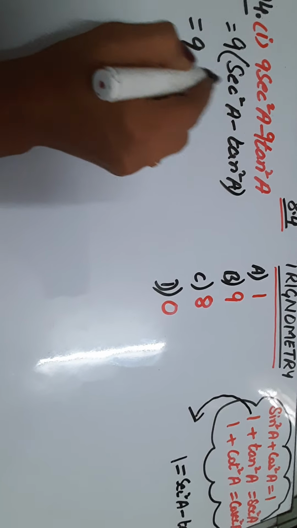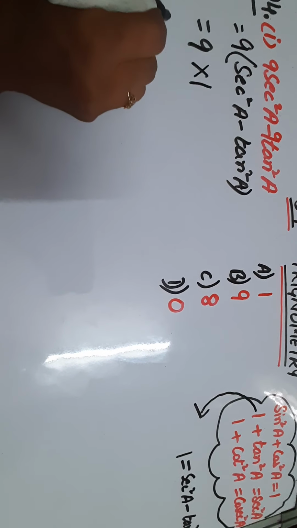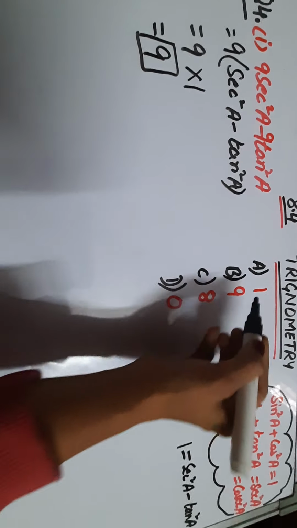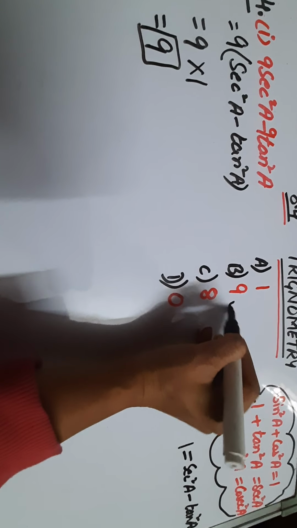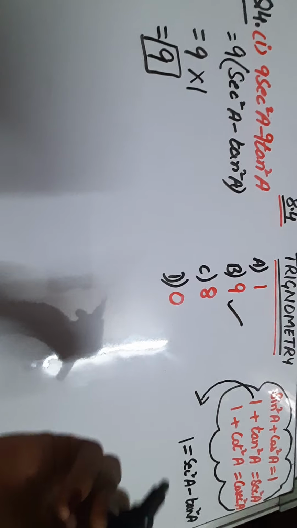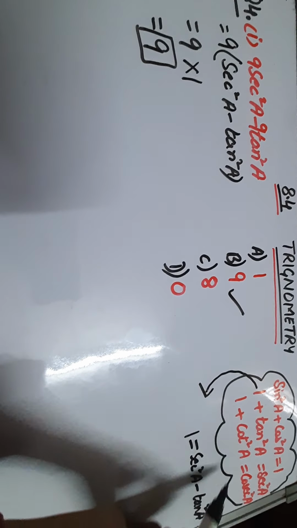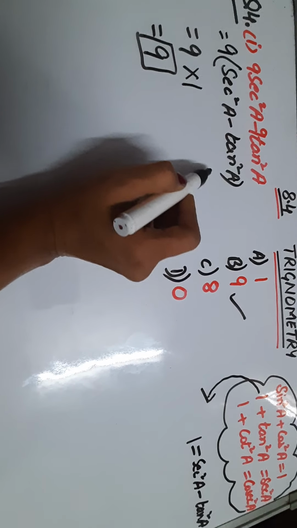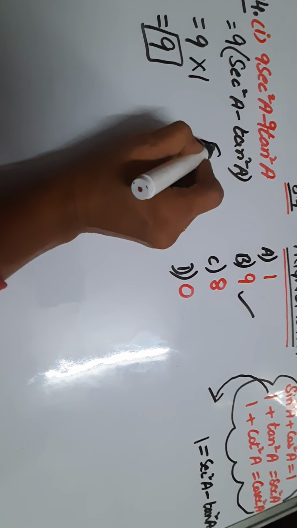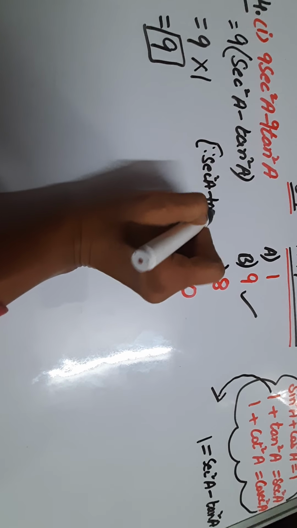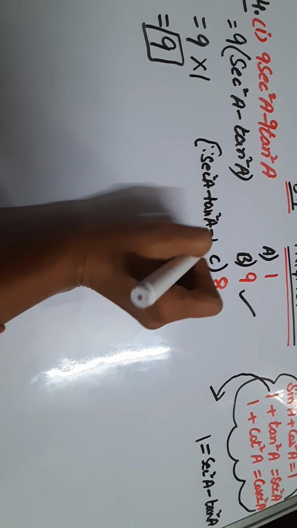So we can replace this whole bracket by 1. So the answer will be 9. So the correct option is 9. I hope it is clear to you and you must mention the reason behind this. So here we will write: because secant square A minus tan square A is equal to 1.